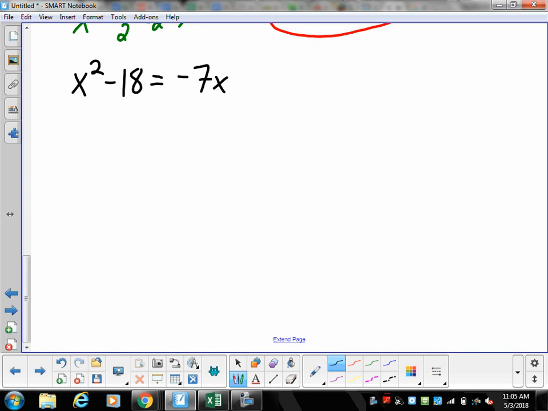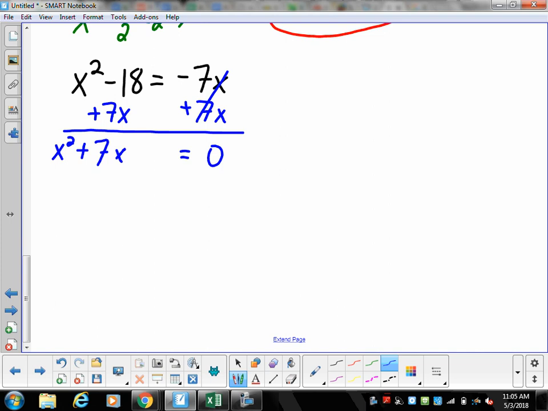So what are we going to do here? Yeah, first thing, I got to move that 7x to the other side, because I need a 0 there. So I need to add 7x. It cancels out over here. I got 0. And then I'm going to put the plus 7x in the middle here. So it'll be x squared plus 7x minus 18.